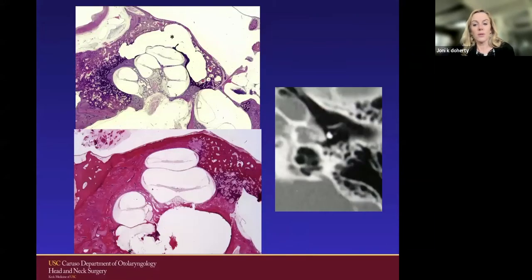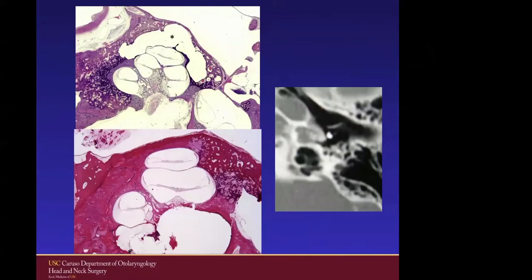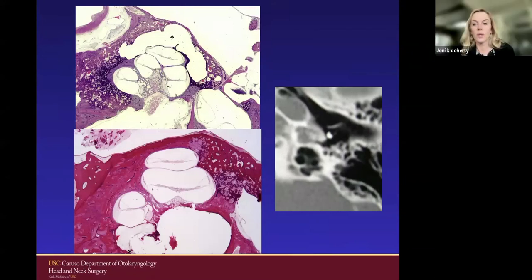And then I just wanted to correlate a few other things that we see when we do cochlear implants. Like this upper left slide is a case that we studied of a really severe cochlear otosclerosis patient who had cavitations within the cochlea.